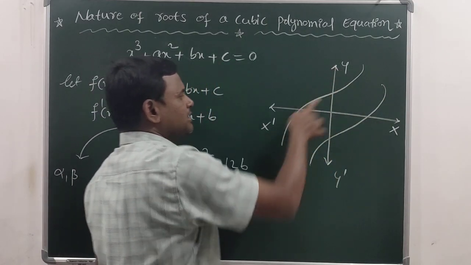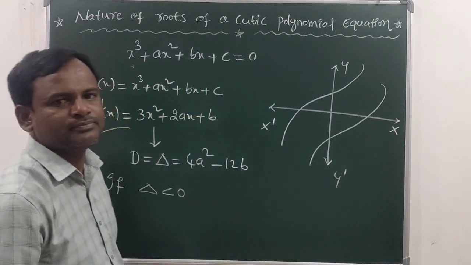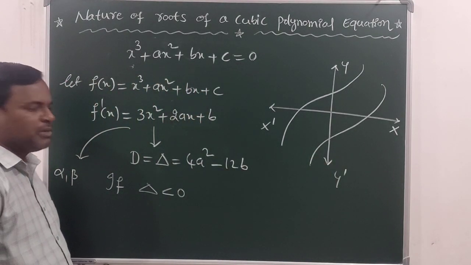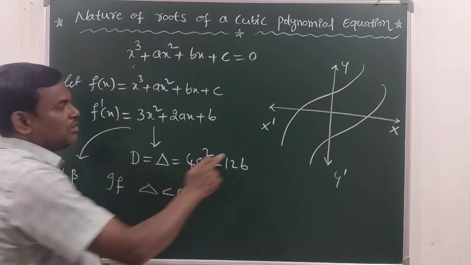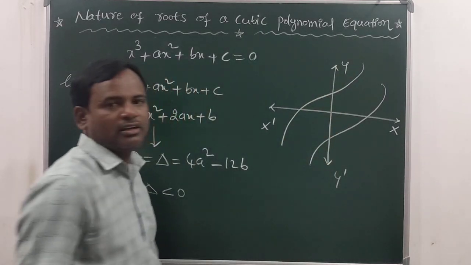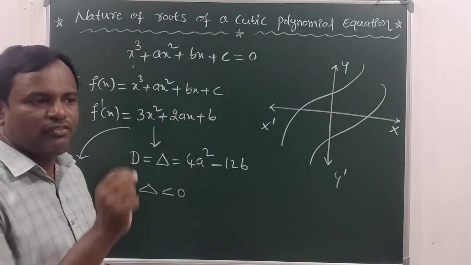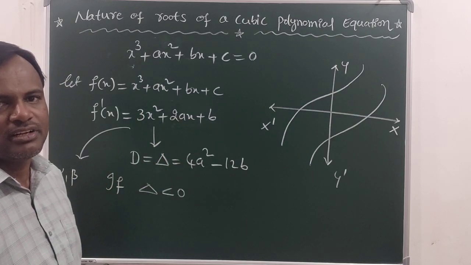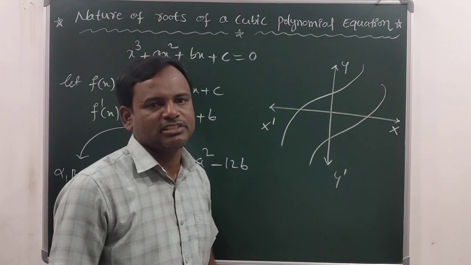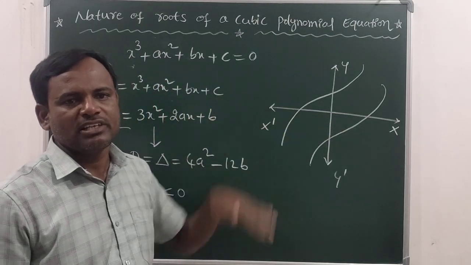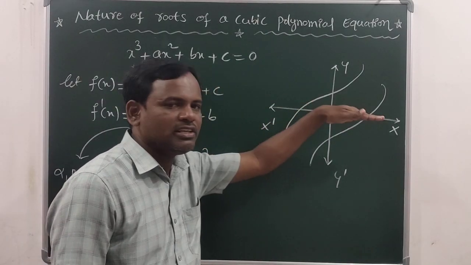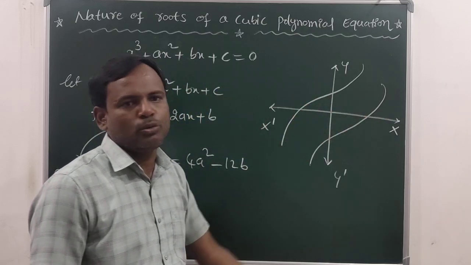Either you may get like this or like this. Okay students, because on this curve, if you take any point and draw the tangent, it can never be horizontal, never be parallel to the x-axis, because the slope of the x-axis is 0, and if any tangent is horizontal, meaning parallel to the x-axis, its slope is 0.